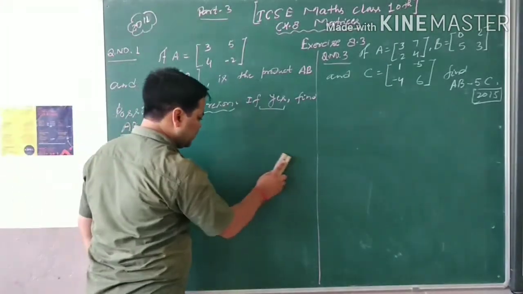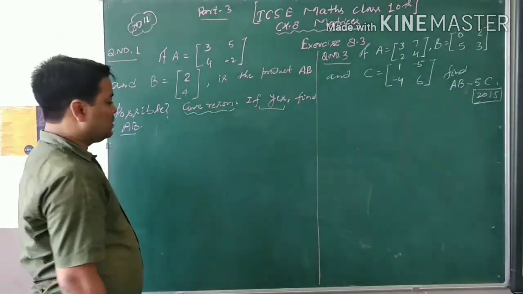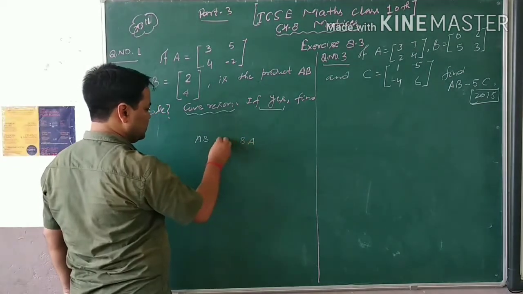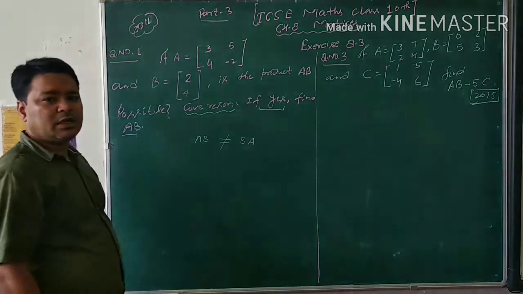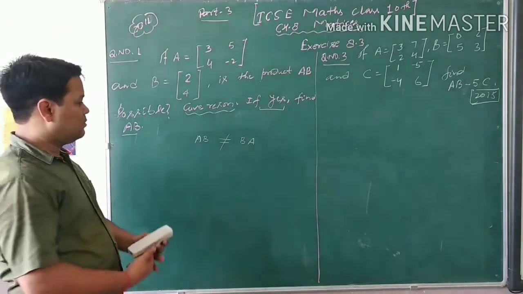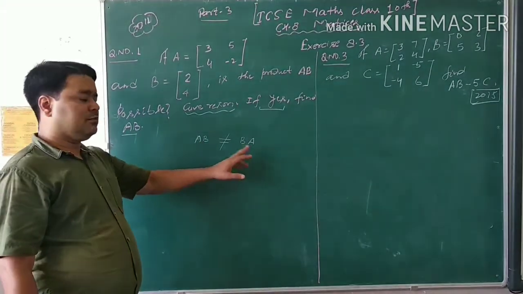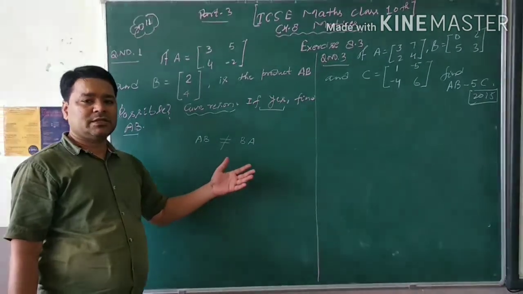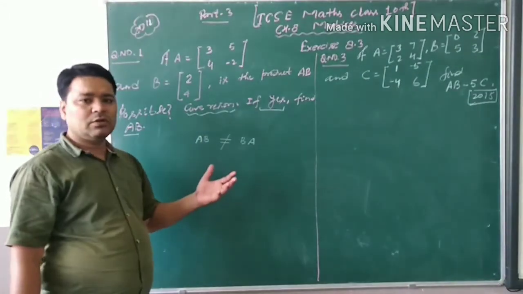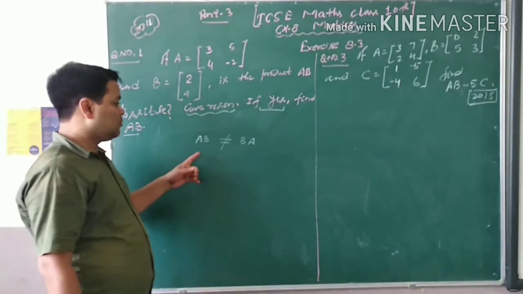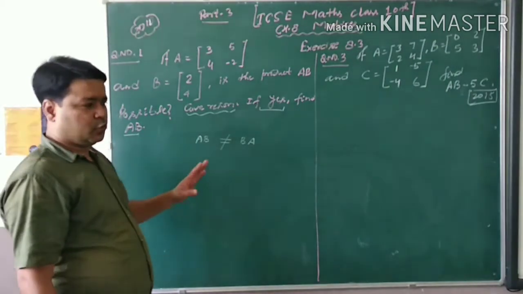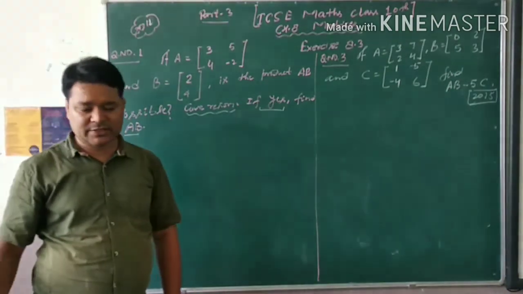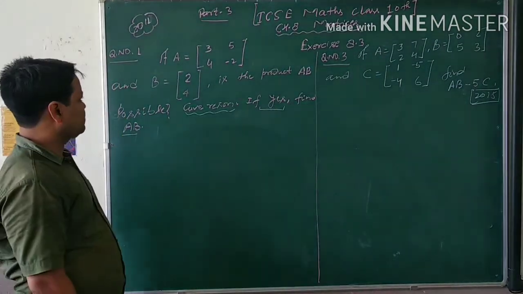But in the case of matrices, the multiplication of two matrices AB and BA is not always equal. It means matrix multiplication does not follow the commutative property. Commutative property is not applied for multiplication of two matrices. Get it?